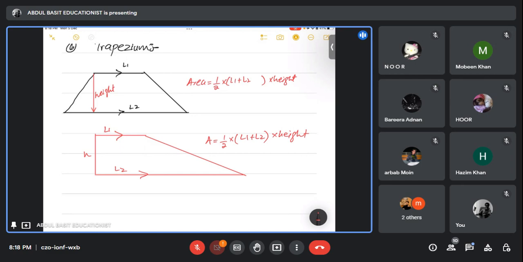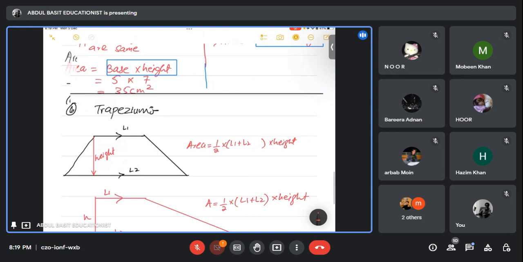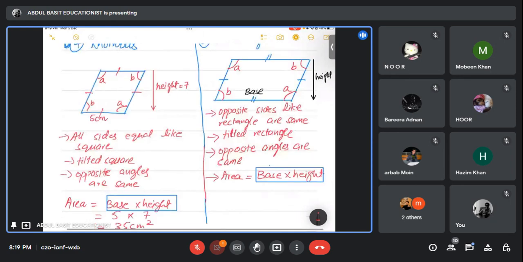We can draw the trapezium in different styles, but we still have to be very careful about how it looks. We can see that rhombus has two pairs of parallel lines. Parallelogram has two pairs of parallel lines because the opposite sides will never meet, right?